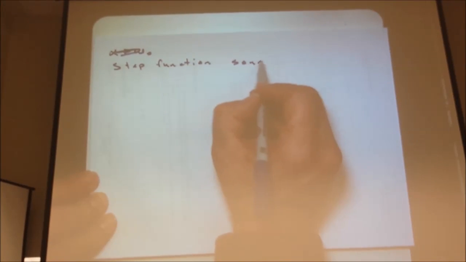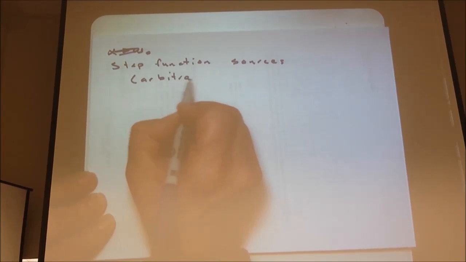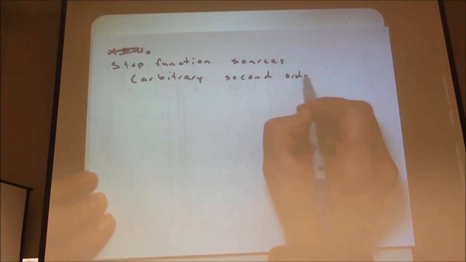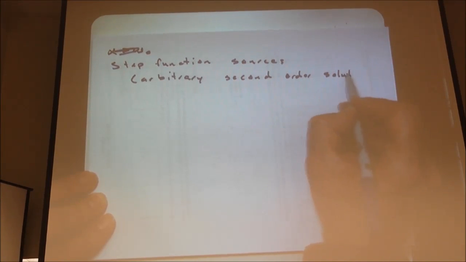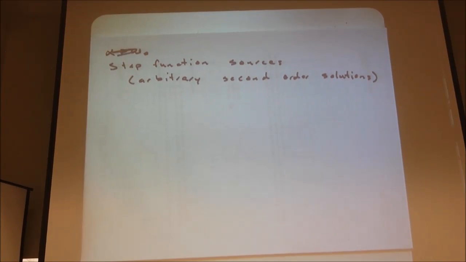So, to summarize, alpha greater than omega naught, with step function sources. Let's be specific here. Arbitrary problems, arbitrary second order solutions. So whether it's voltage, current, whatever you're looking at, you can do the same thing.